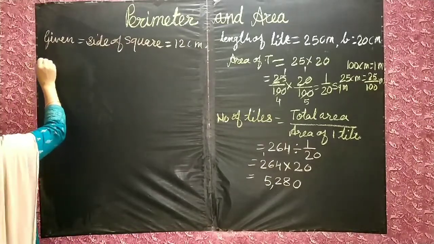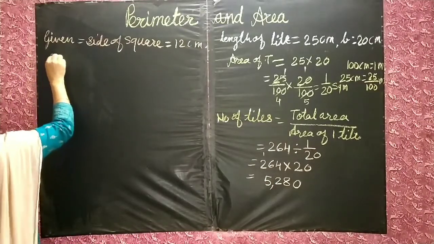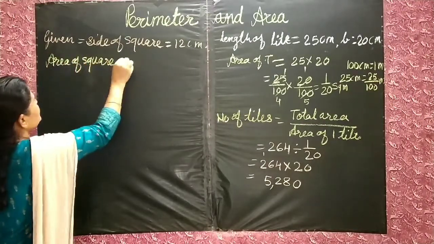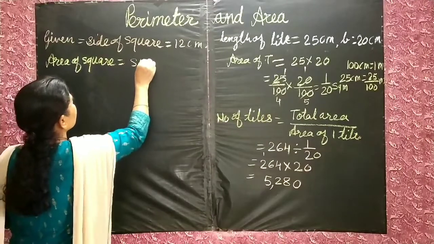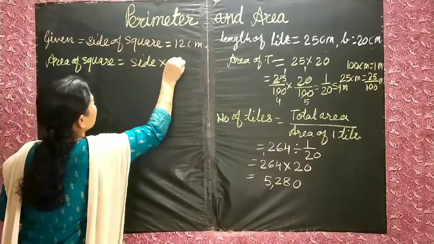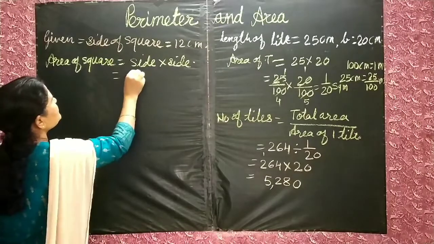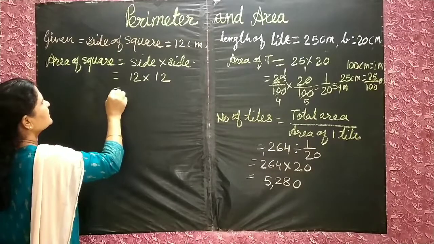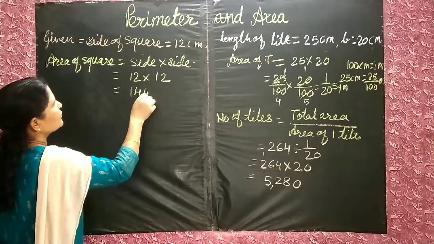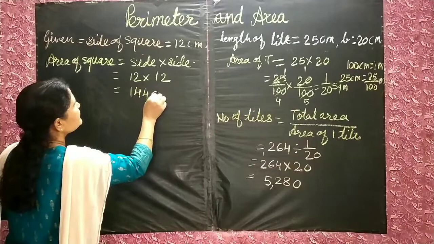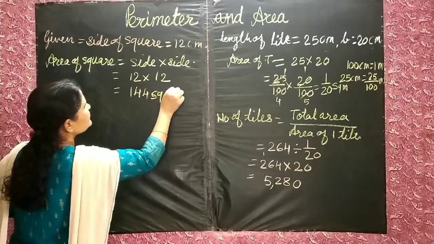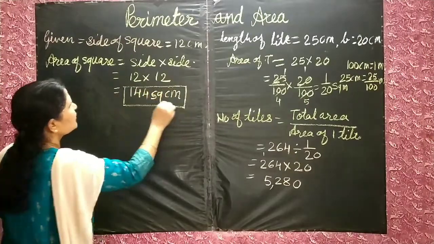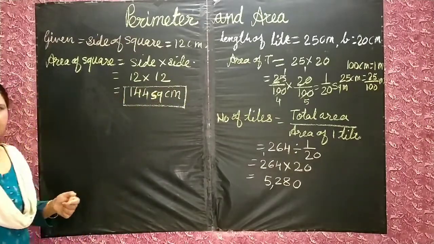What is the area of a square? It is equal to side multiplied by side. Side is given how much? 12 cm multiplied by 12. 12 multiplied by 12 how much? Is equal to 144 square centimeter. It is square centimeter. So area of a square is equal to 144 square centimeter.